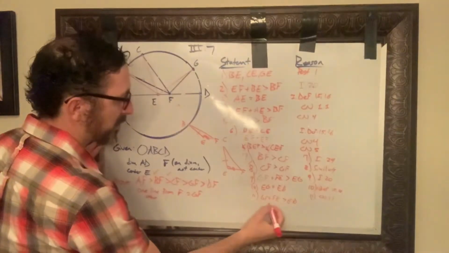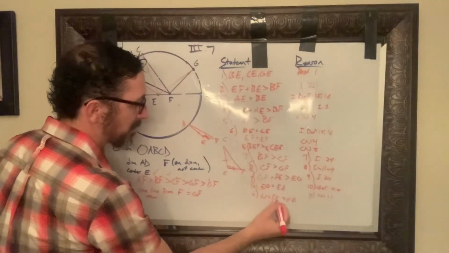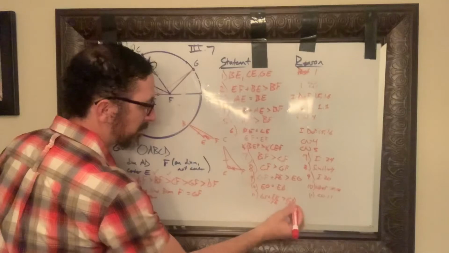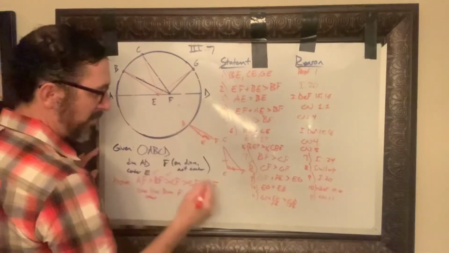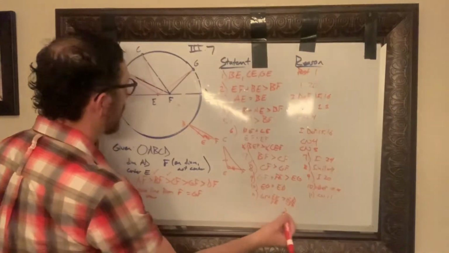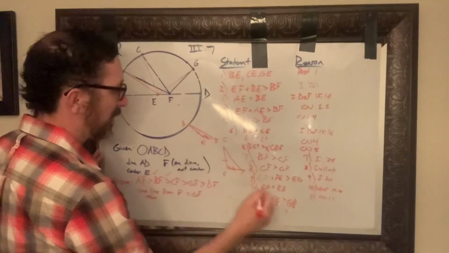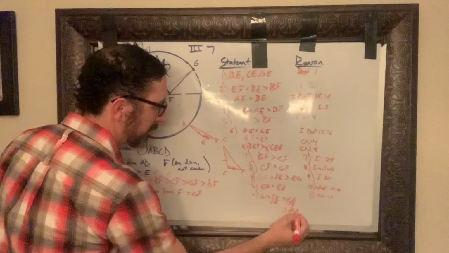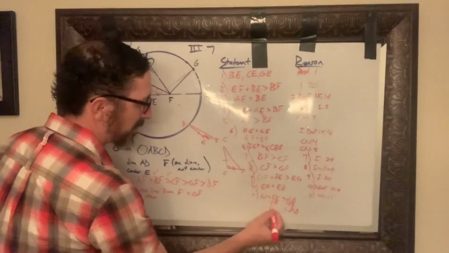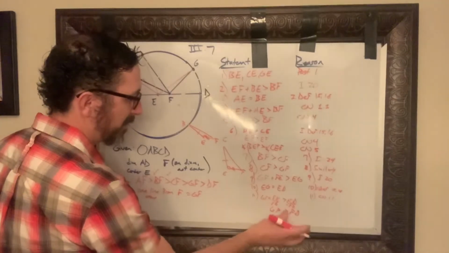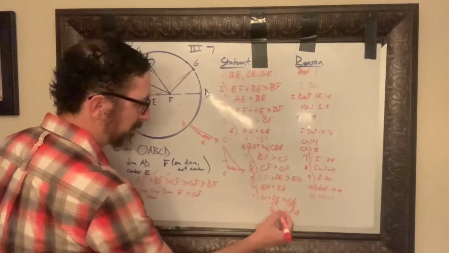And I will subtract FE out of both of those. If I take ED and take out FE, then what I'm left with is FD. And if I take GF plus FE and I take out FE, then I'm left with GF. So I'm left with GF is bigger than FD.